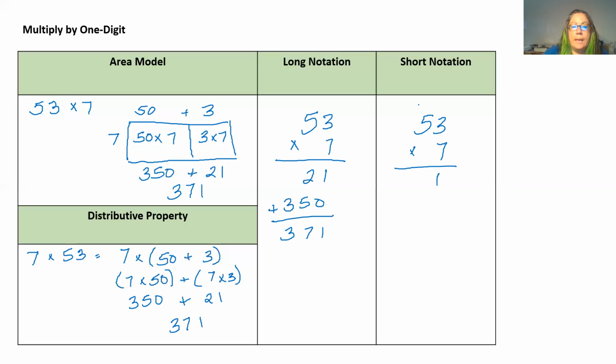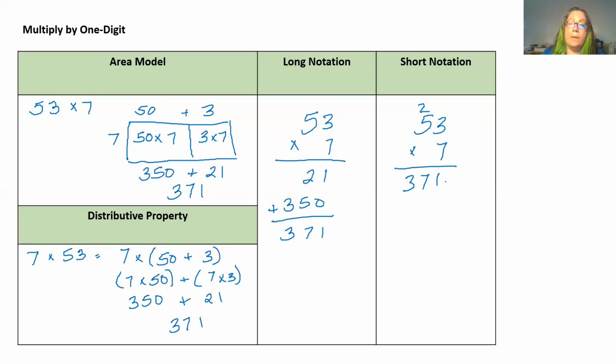Write the 1, carry the 20 as 2 groups in the tens place. 7 times 5 tens is 35 tens plus 2 tens I already have, makes 37 tens. So 371.